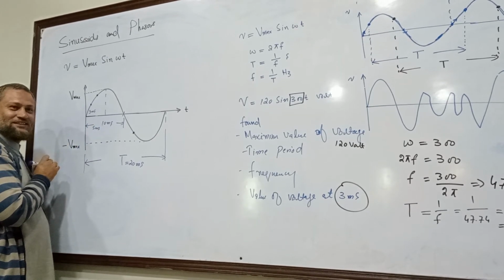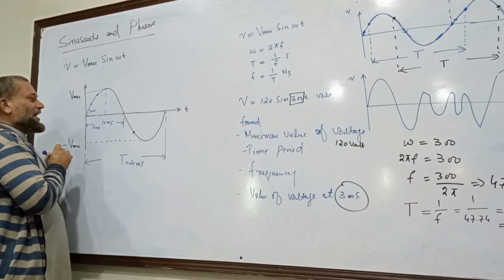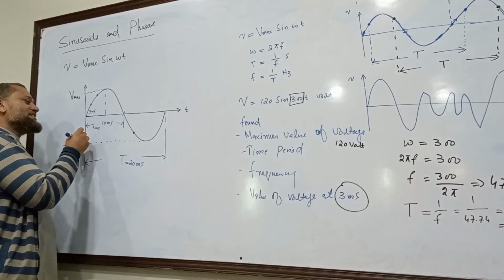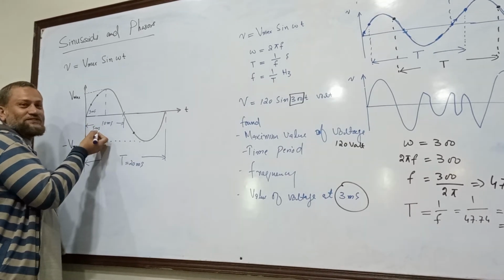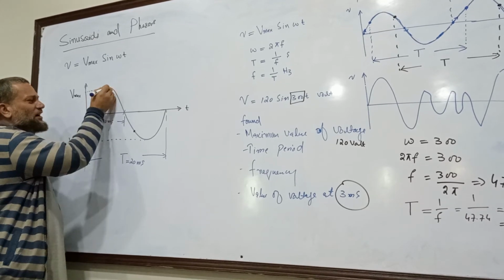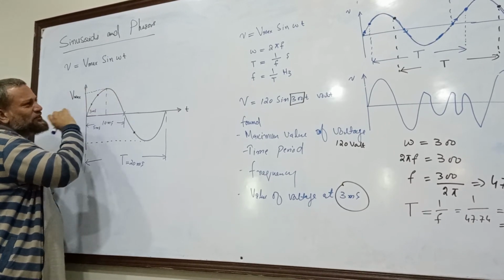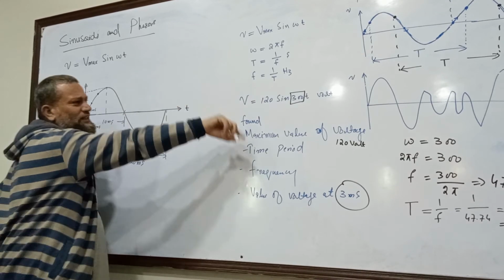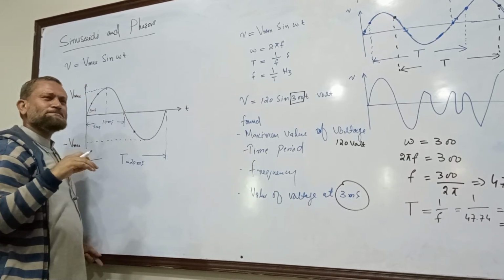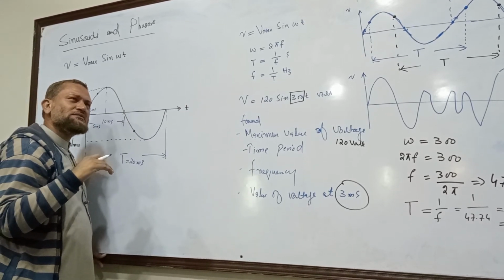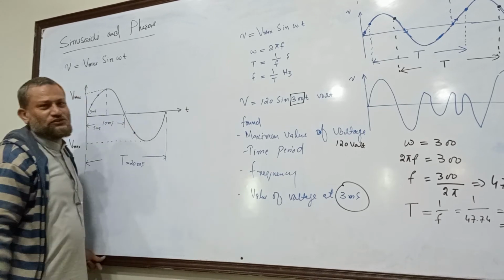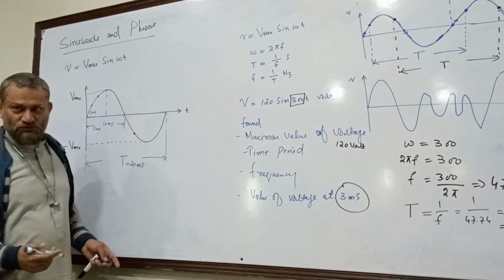And 3 is below the half of the 5, and we got a peak value of 120. So that will be a bit more than 60 volts.